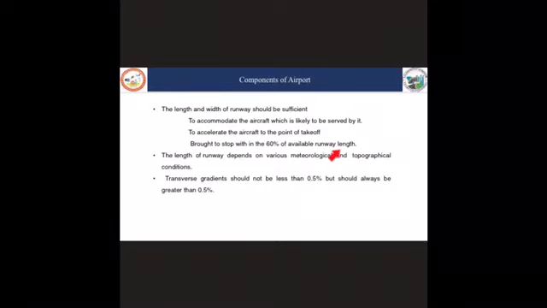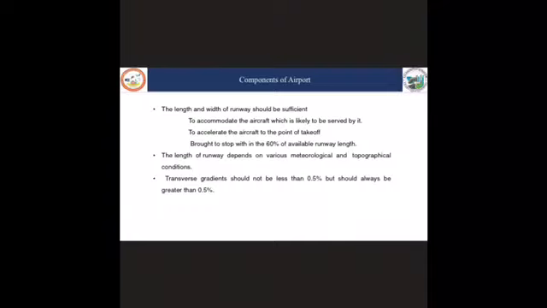So if I provide a runway length of 1000 meters, the aircraft has to stop within 60 percent of the runway length. It means the length required to stop the aircraft should be 600 meters. Okay, that point needs to be considered. And the length of the runway depends upon the various meteorological and topographical conditions of the region.